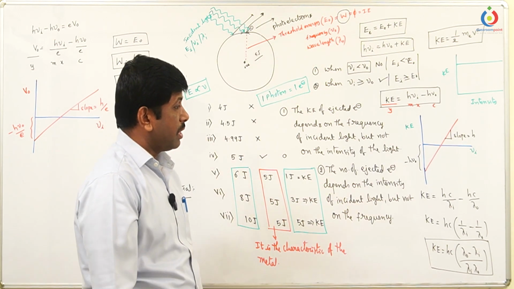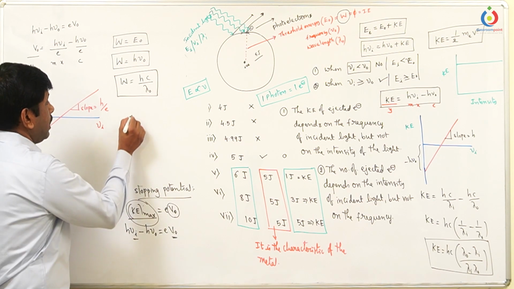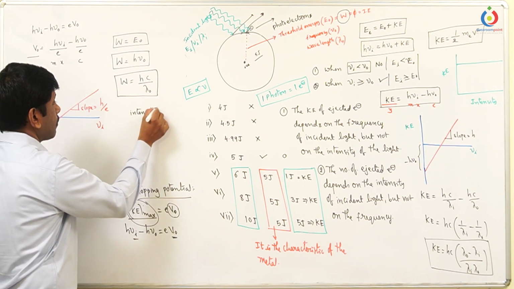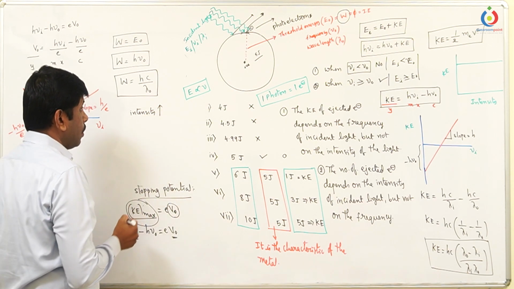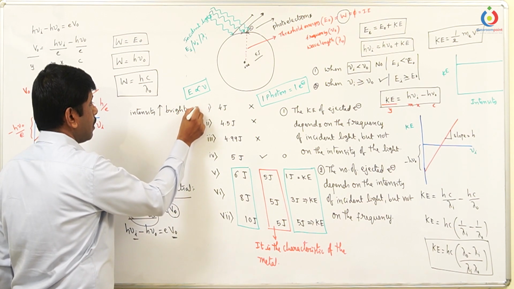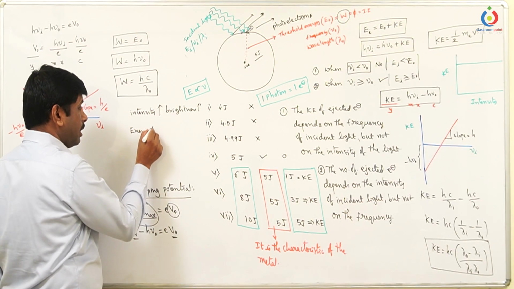And classical physics says that whenever intensity increases, so brightness increases. When brightness increases, energy also increases.